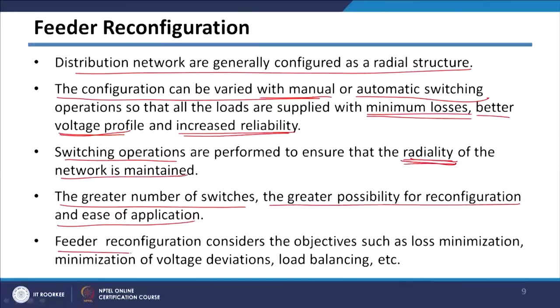Feeder reconfiguration considers objectives such as loss minimization, minimization of voltage deviation in the system, or balancing of loads on phases as well as feeders. So this is about feeder reconfiguration, and load flow studies play a very important role in feeder reconfiguration also.